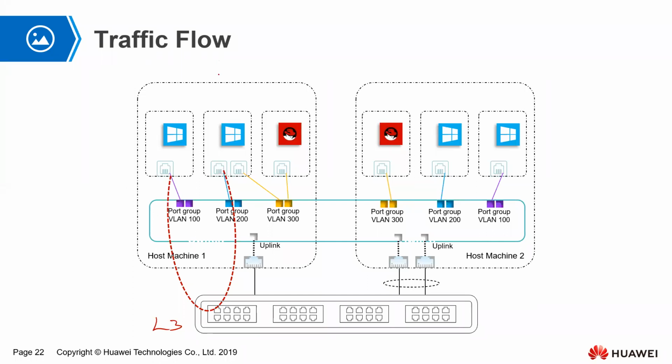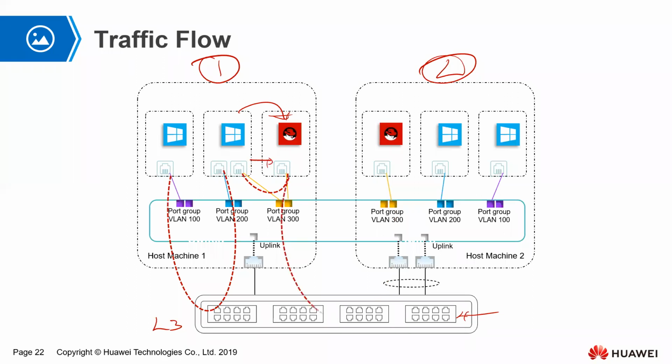Much as they are within the same physical machine, it will have to go through this switch to reach our virtual machine here. But when this guy wants to send packets to this guy, they're in the same VLAN within the same machine, and they have their distributed virtual switch. So he will just send the packets, and this person will receive the packets happily.